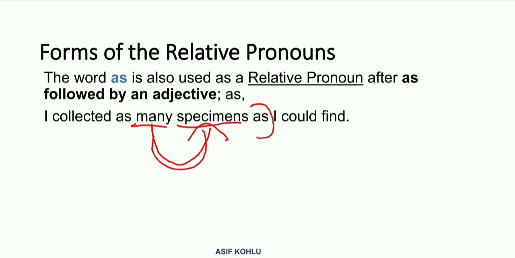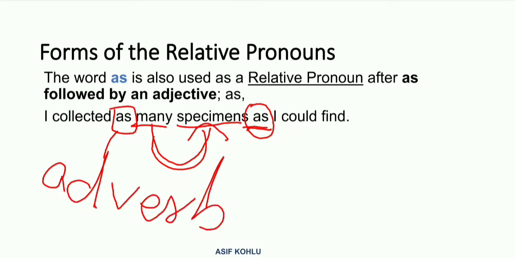But now here, this as is used as the relative pronoun. I collected as many specimens as I could find. Okay, so the second as is used as the relative pronoun, but the first as is used here as an adverb. It is not used as a relative pronoun twice in the same sentence.